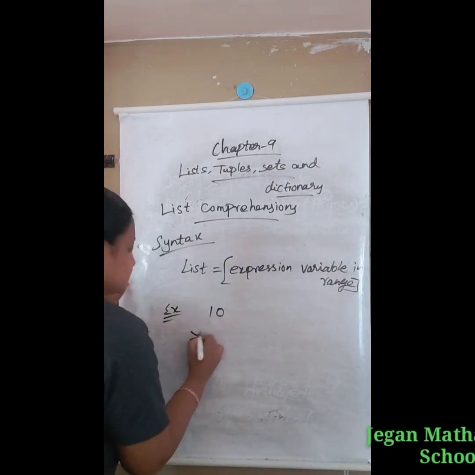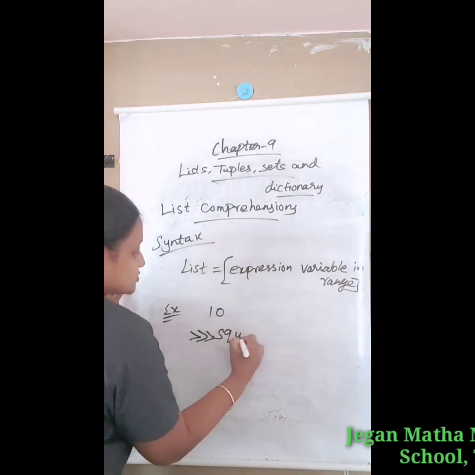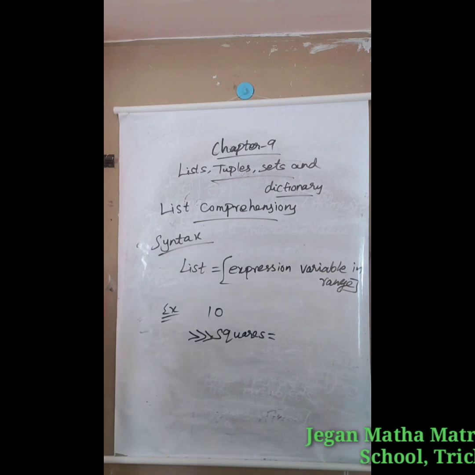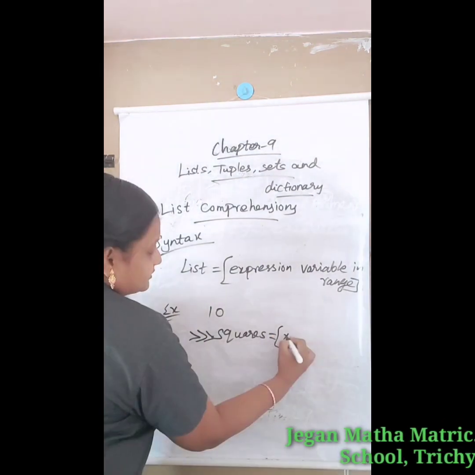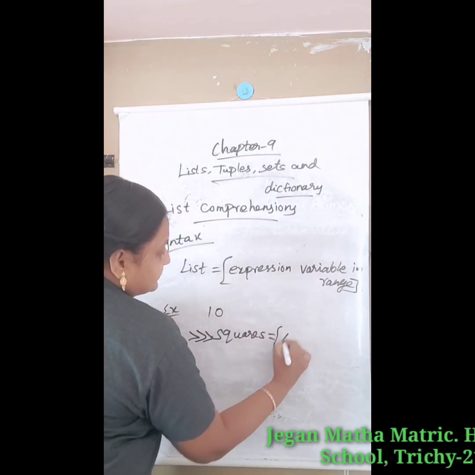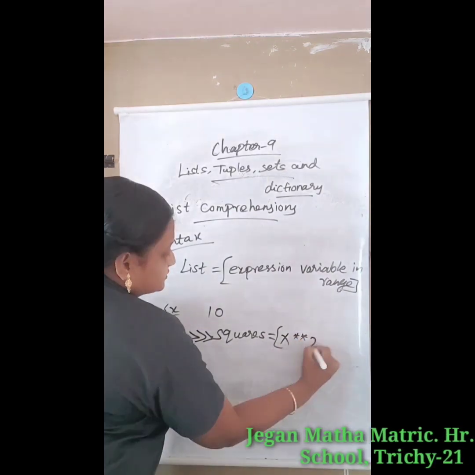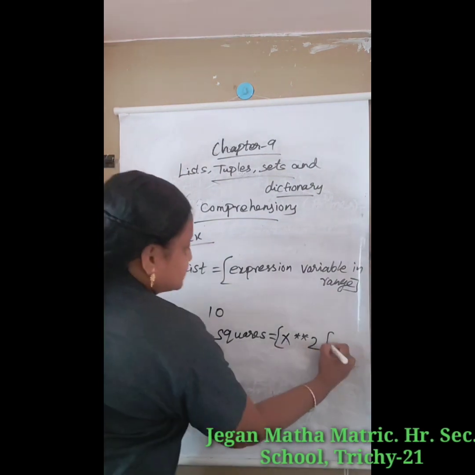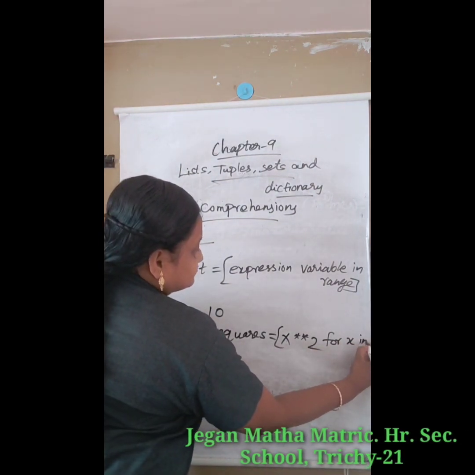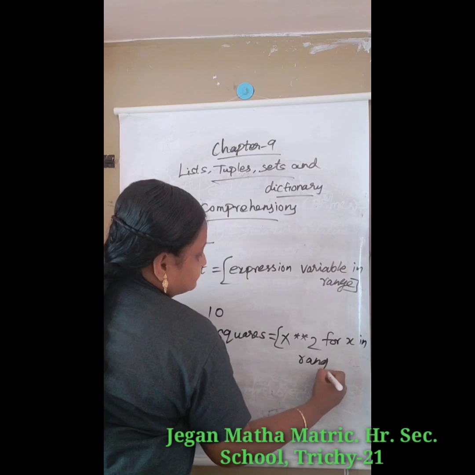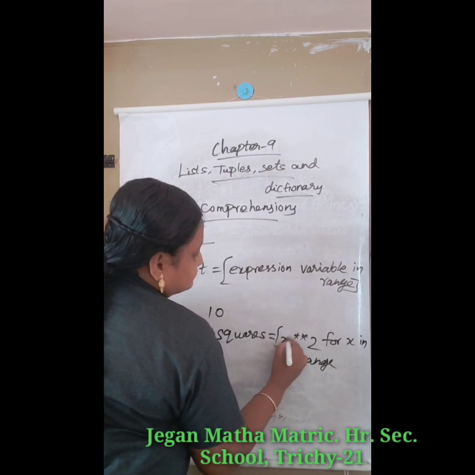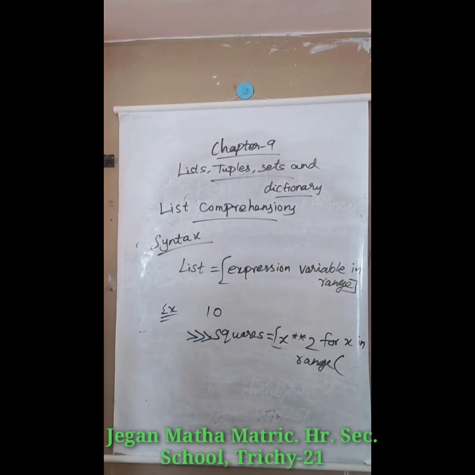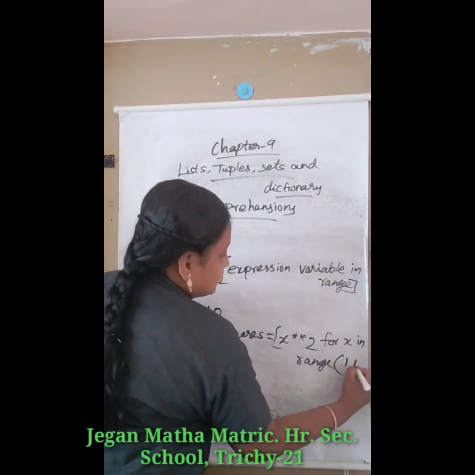So here we use square equals x into x, that is x multiplication x, for x in range, where the start value is 1 and the stop value is 11.